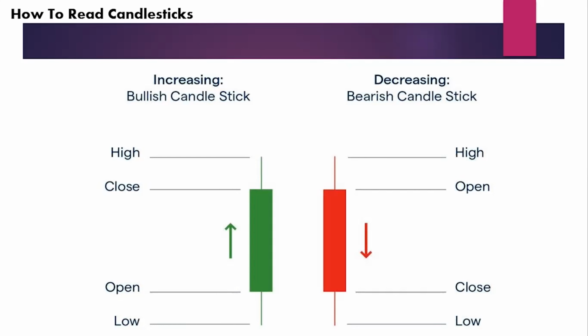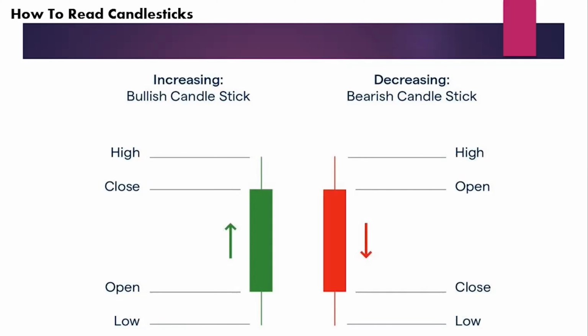Now, what is a bullish candlestick? Basically, a bullish candlestick is a candlestick that tells us that the price has gone up, okay? It means that the price has gone up, hence why the candle is blue.